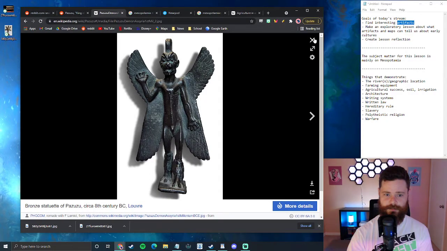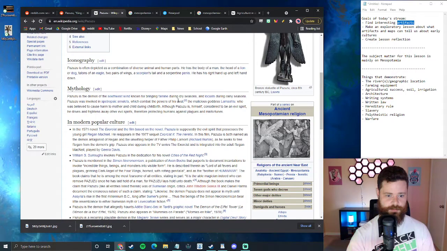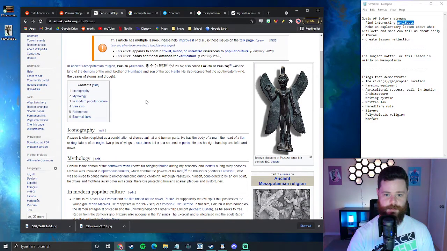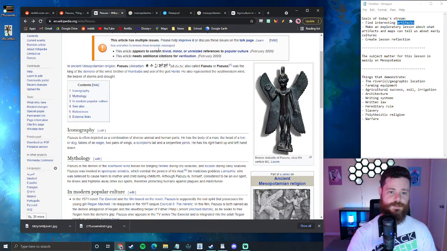Okay, that's another good statue of it. Let's see if there's anything else. Okay, so it looks like they copied that from there. I'm going to add this part to it. He also represented the southern wind, the bearer of storms and drought.